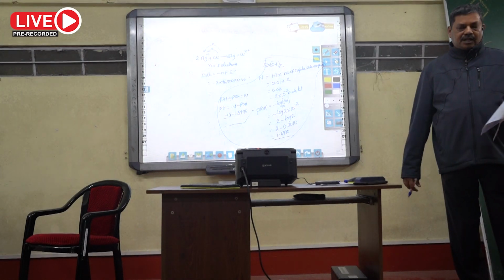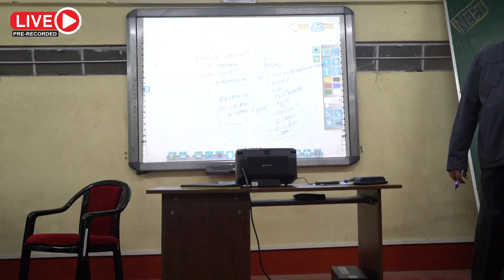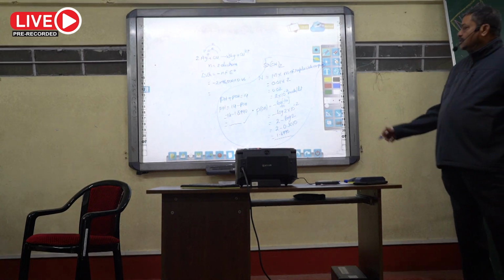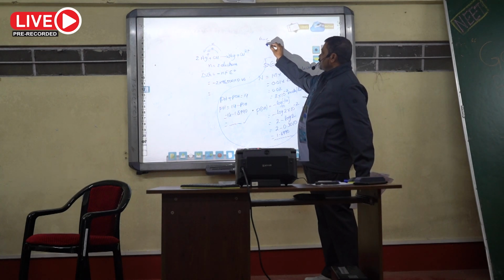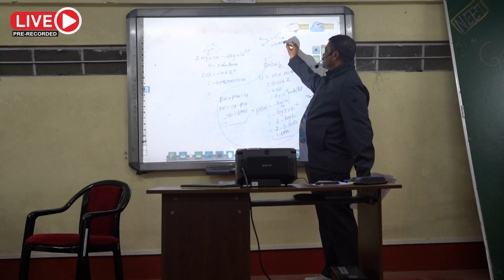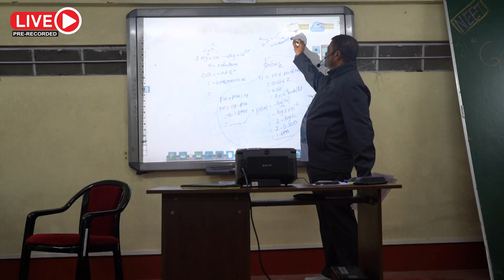This is alpha carbon, but no alpha H. So only how many can possible?